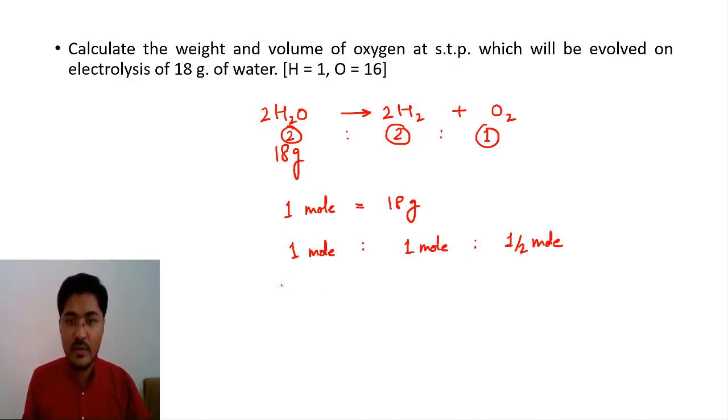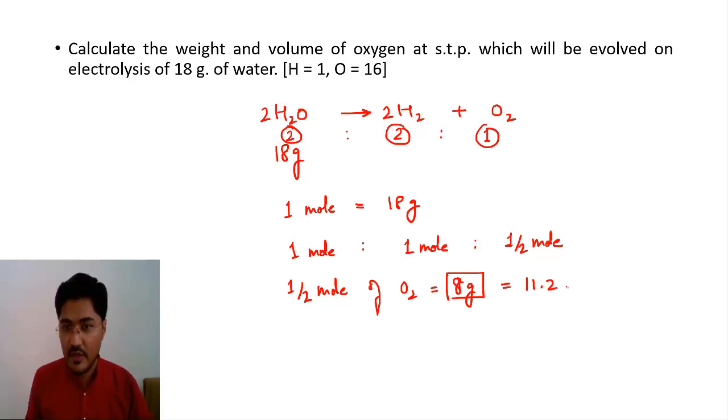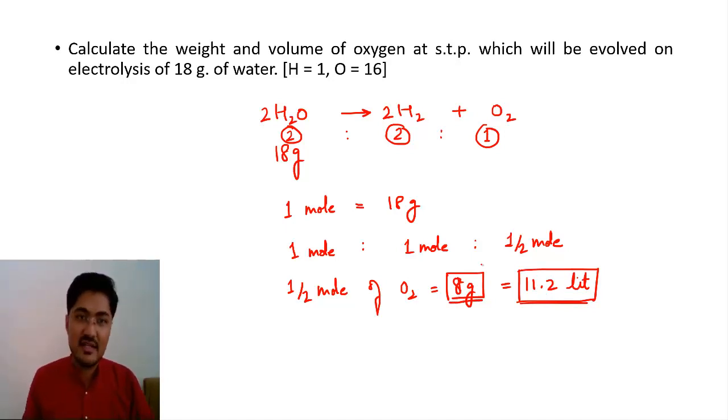And we have been asked about oxygen. So half mole of oxygen weighs 8 grams and it will contain 11.2 liters. We have already seen this in the last couple of sessions. So that's your final answer. Let's look at the next question.